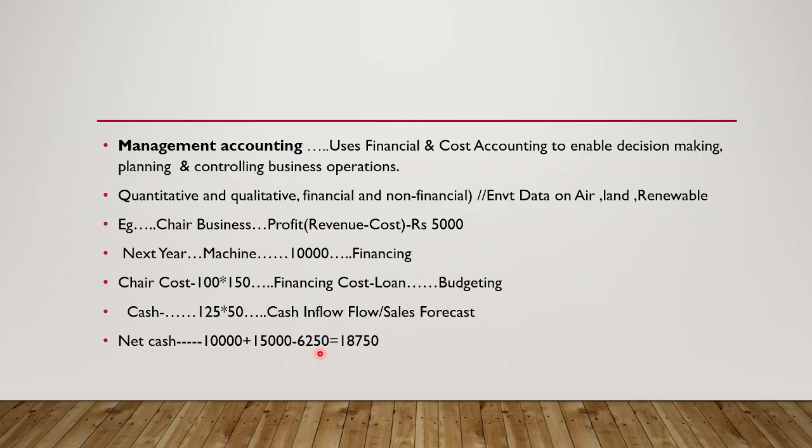But I'll be getting 6,250 by selling, so my net cash requirement is 18,750. All of this, budgeting and sales forecast, like how much I'll be able to sell, will come in management accounting only.